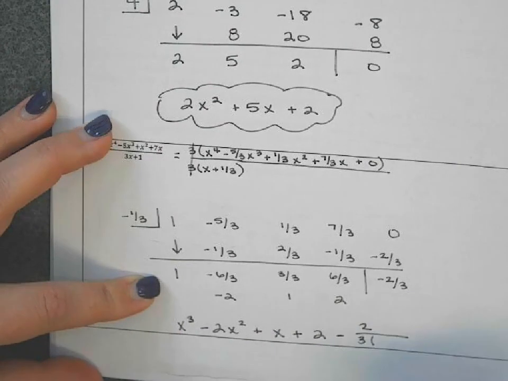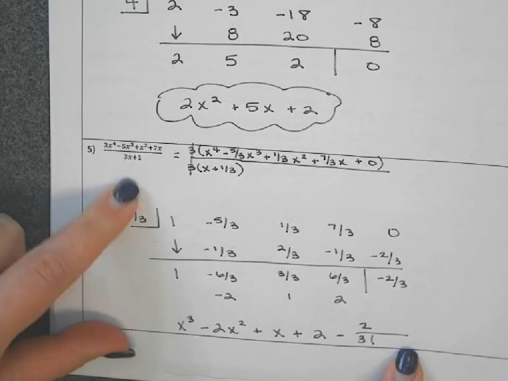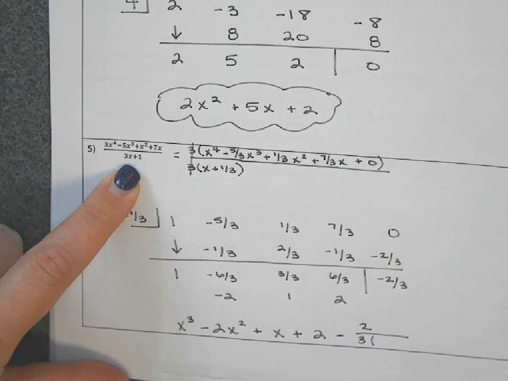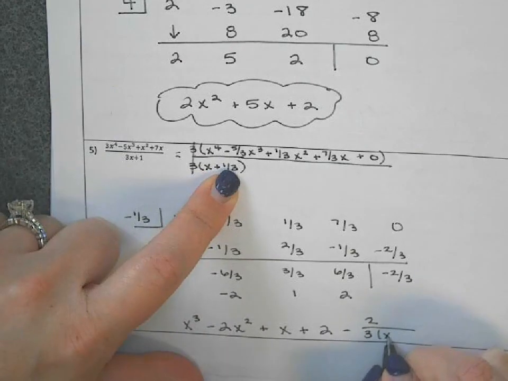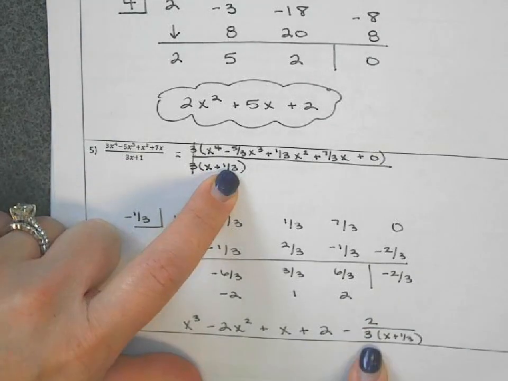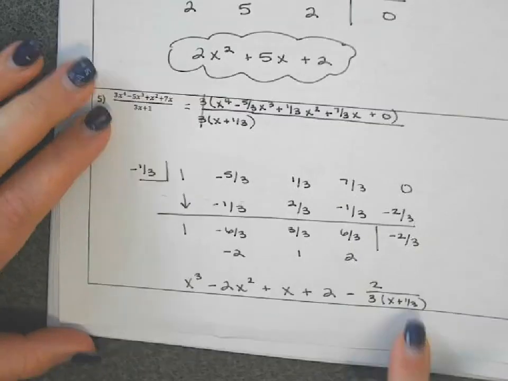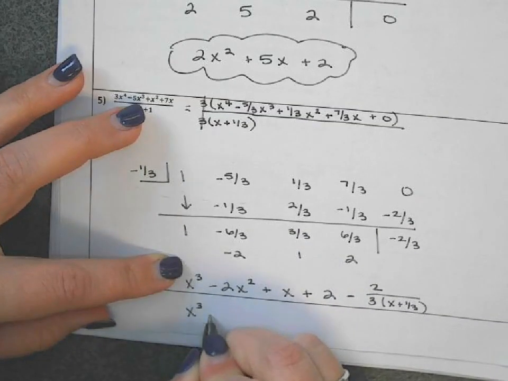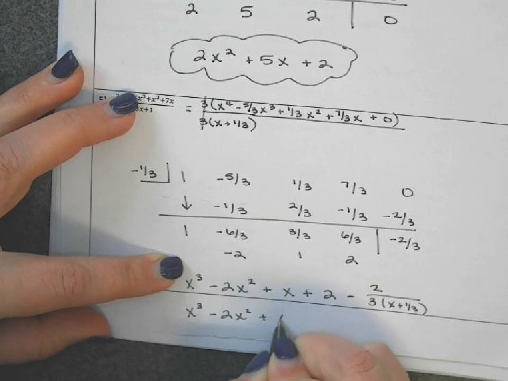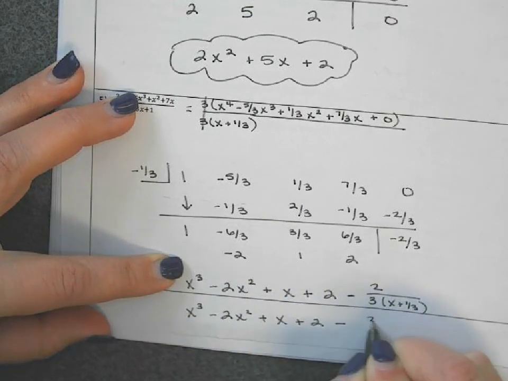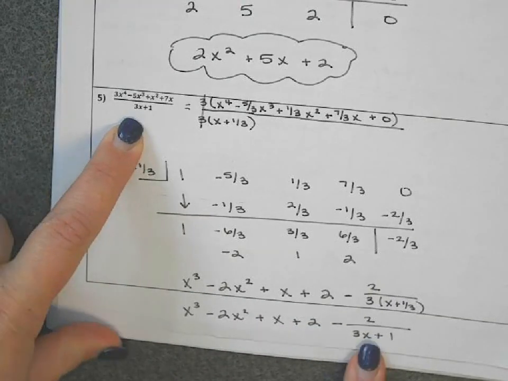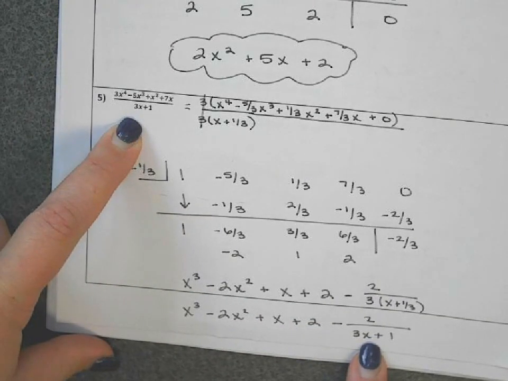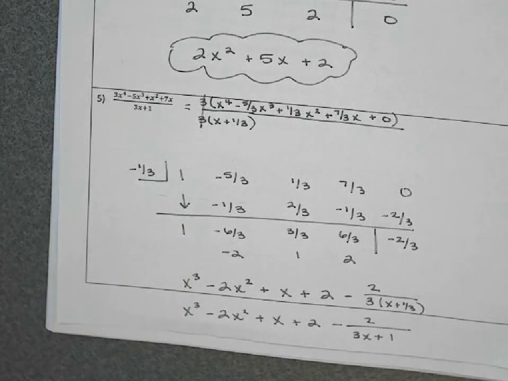But we have to remember that in the denominator, you have your original, what you were dividing by, which was x plus 1/3, which then you have to simplify your remainder so that this reads x to the third minus 2x squared plus x plus 2 minus 2 over 3x plus 1, which you'll notice is what we originally started with. It would have been just easier and a lot less fractions using long division there.